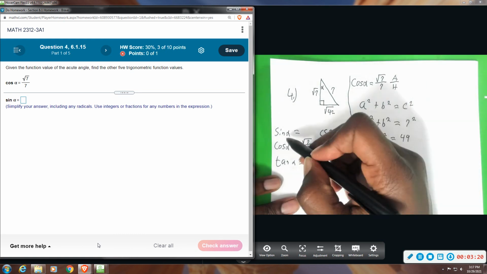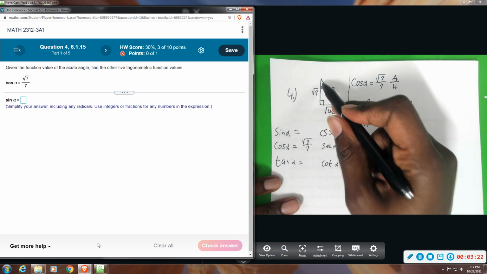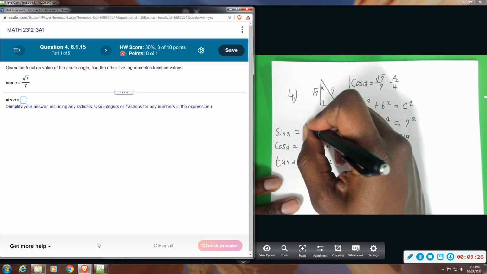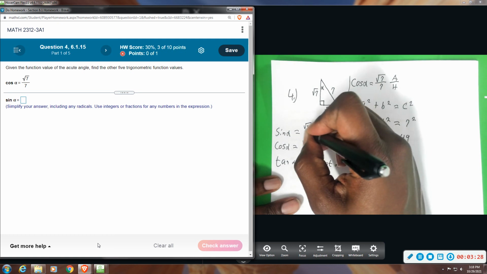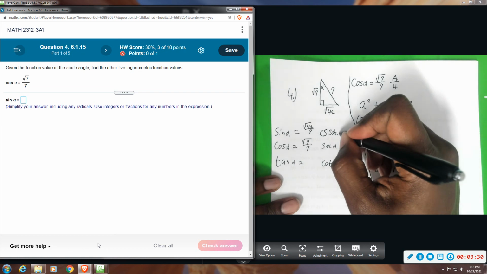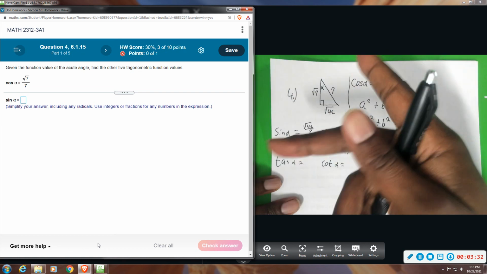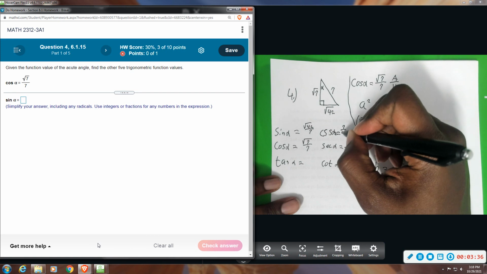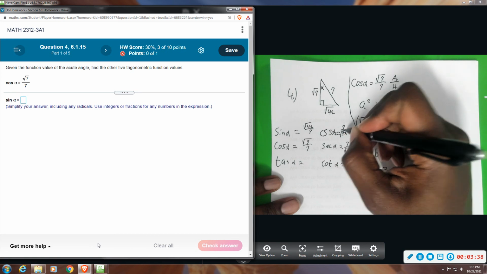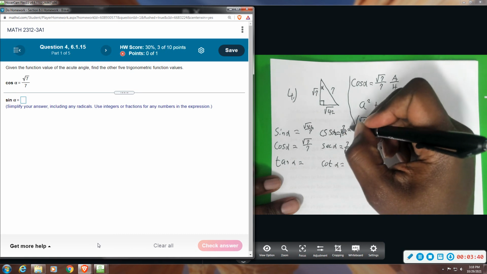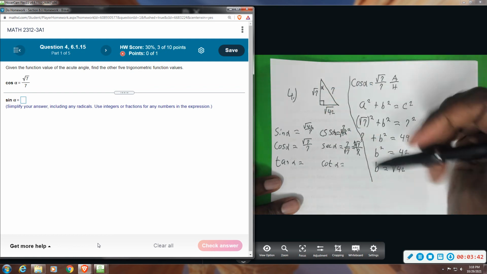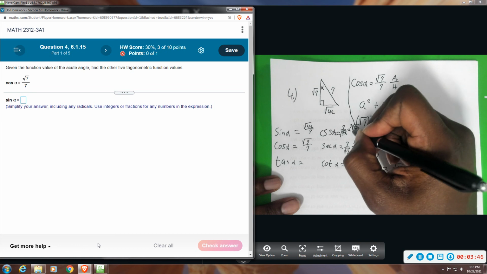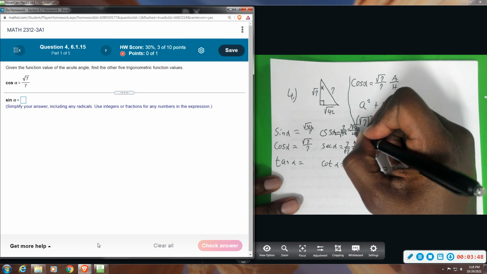So sine, here's my angle, opposite over hypotenuse, square root of 42 over 7. When I do the reciprocal, flip it, it will be 7 over the square root of 42. Rationalize that, you will get 7 square root of 42 over 42.